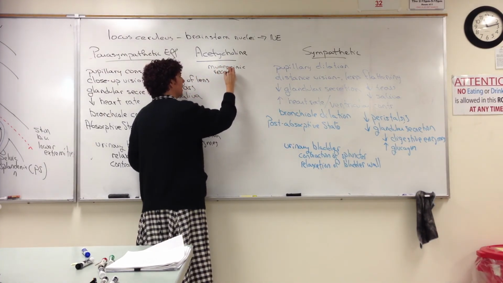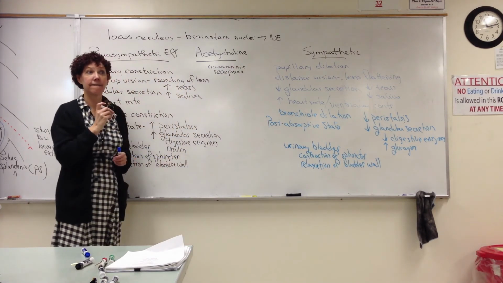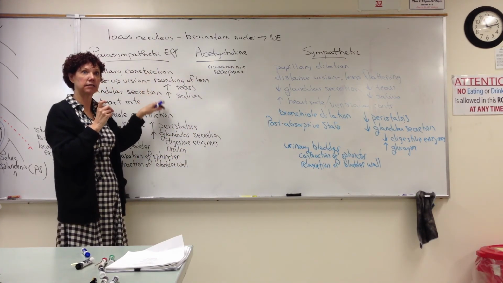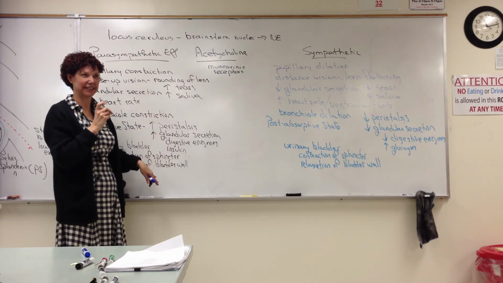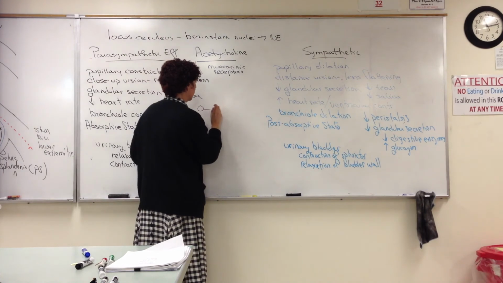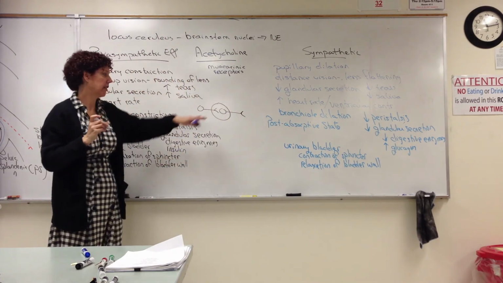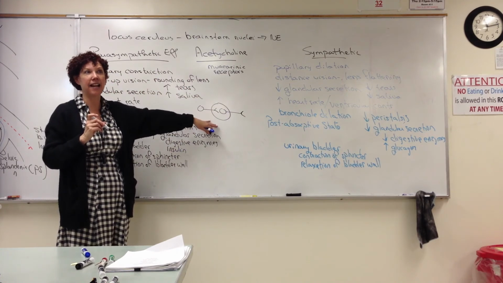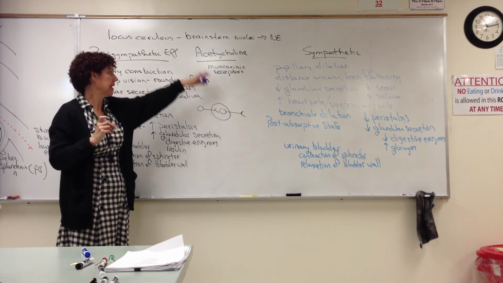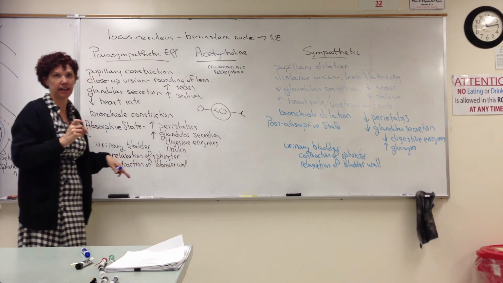So these are muscarinic receptors. Are they ionotropic or metabotropic? These are all metabotropic. The ionotropic is in the ganglion. So the ganglion is nicotinic and ionotropic. These are all metabotropic. Right?